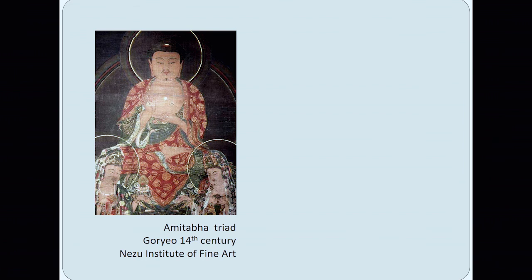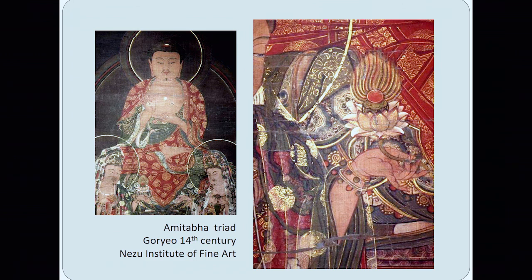This Buddhist painting was created during the early 14th century. Although we're looking at just a photograph, we can still see very vivid colors of this 700-year-old painting. Let's take a closer look.